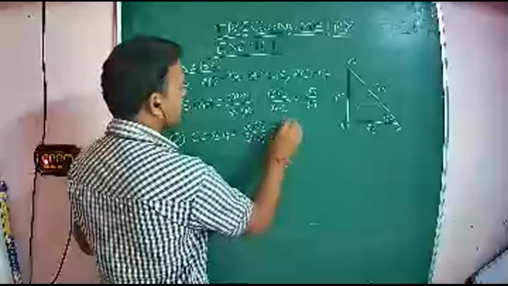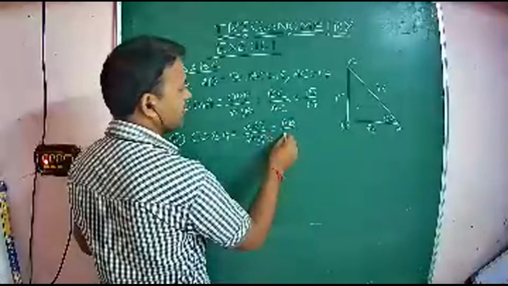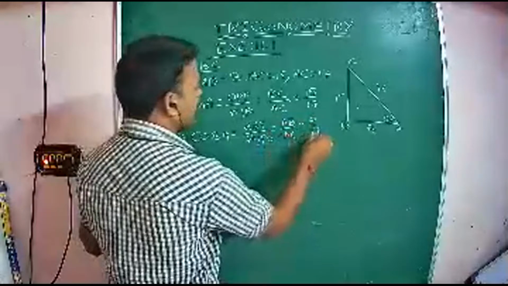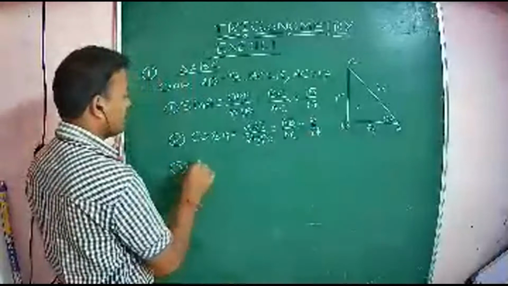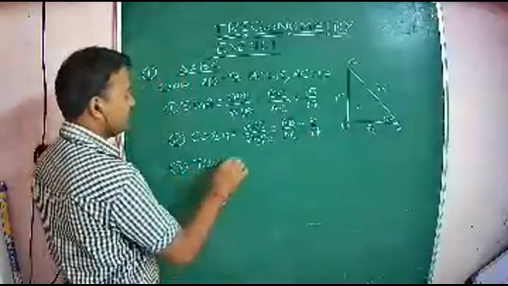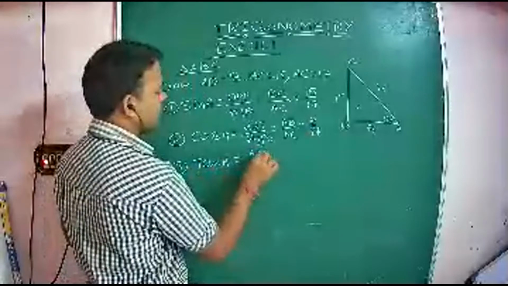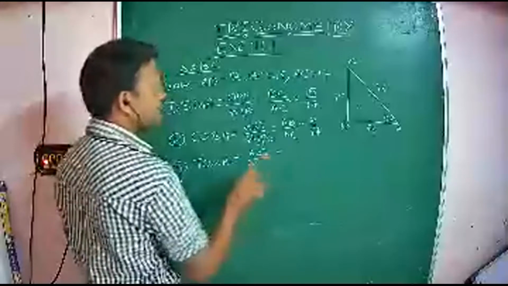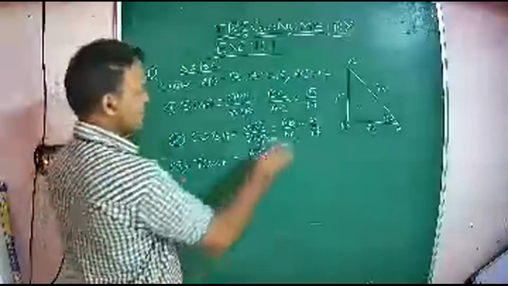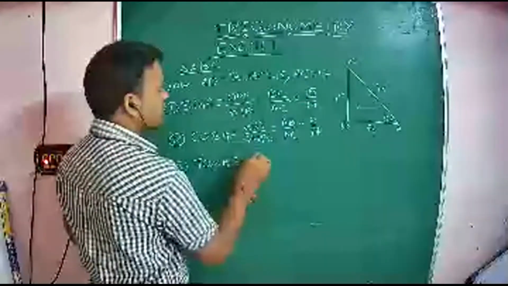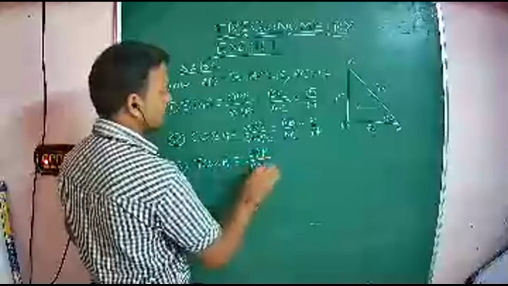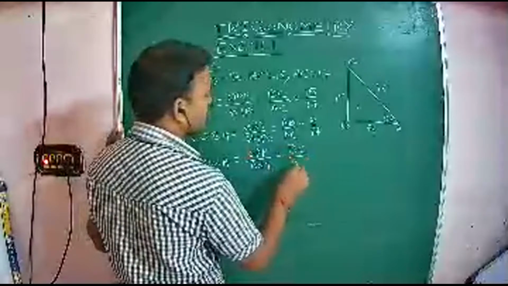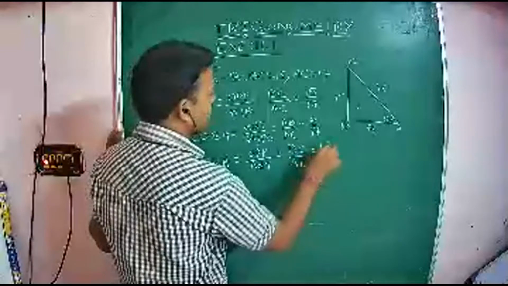The adjacent side is AB, by hypotenuse AC, so that is 8 by 17. The third one is tan A. Tan A is adjacent side by opposite side. Sorry, tan A is opposite side by adjacent side. The opposite side is 15, by adjacent side 8, so that is 15 by 8.